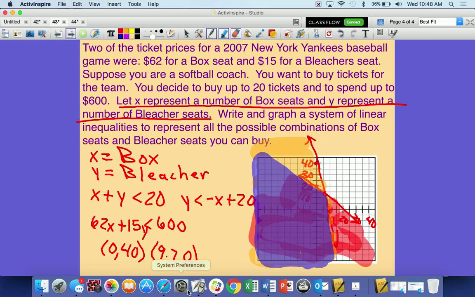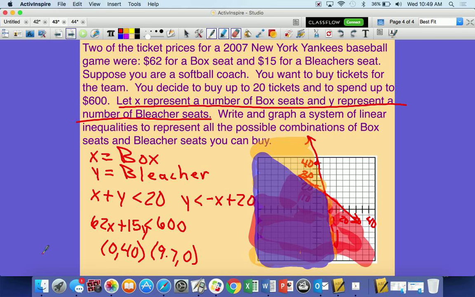So you could go in and say, well, if you buy that number of tickets, then for any one of those ordered pairs, so for example, this point right here, I know it's hard to read, if you go and buy 5x and 0y, so 5 box seats and 0 bleacher seats, that would work.